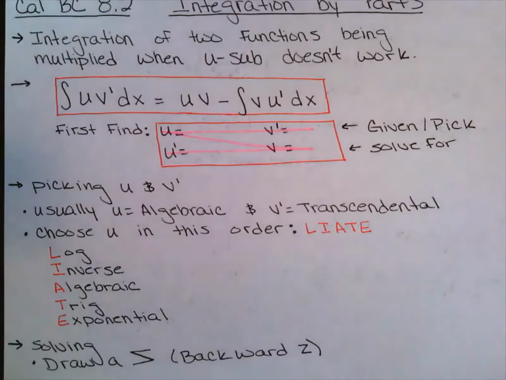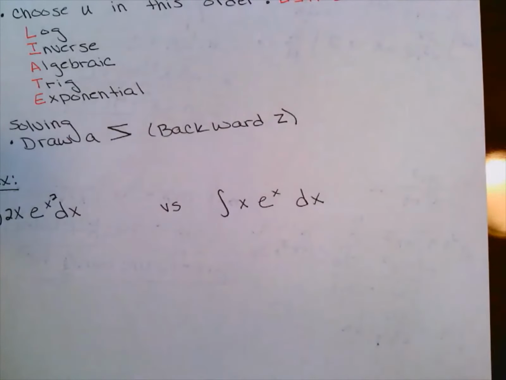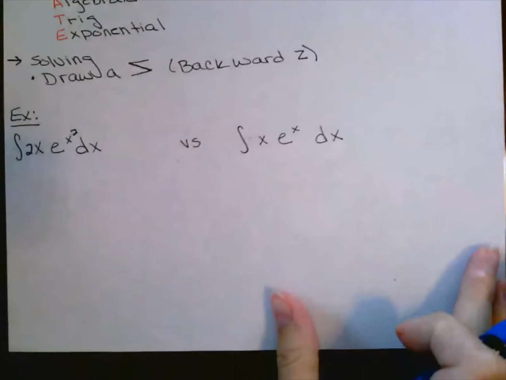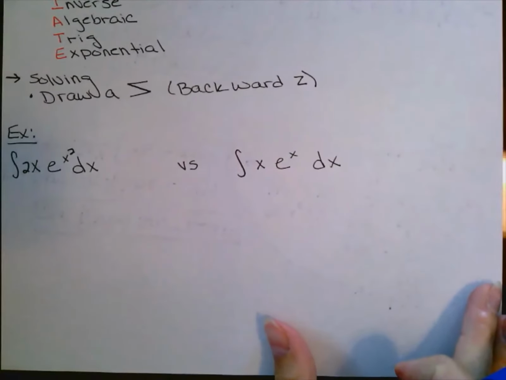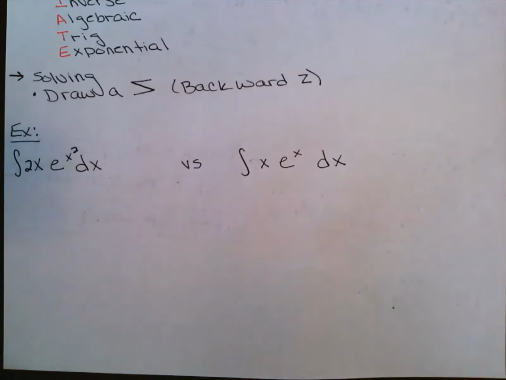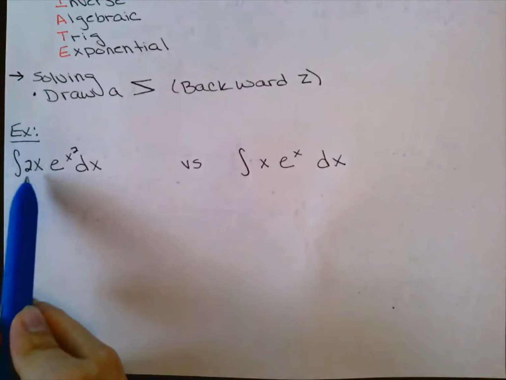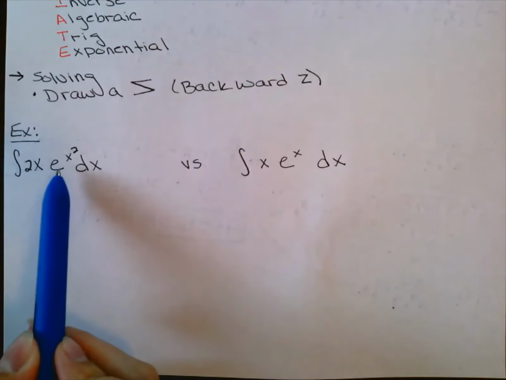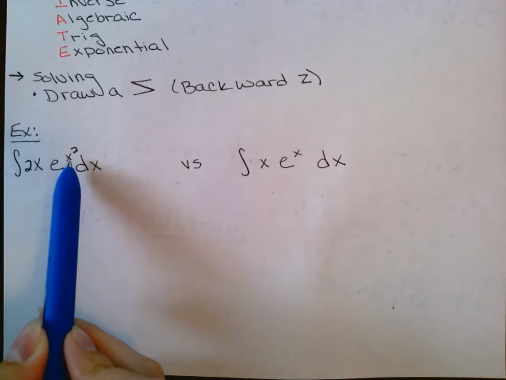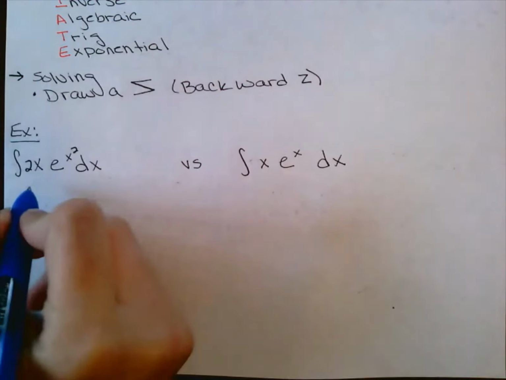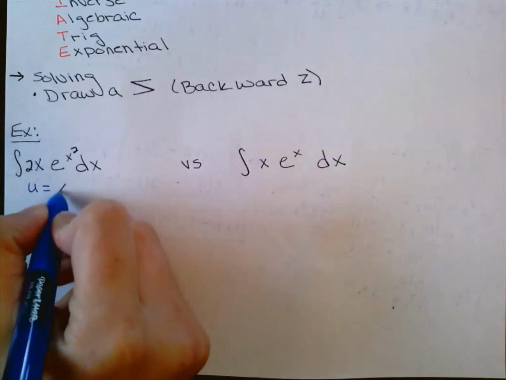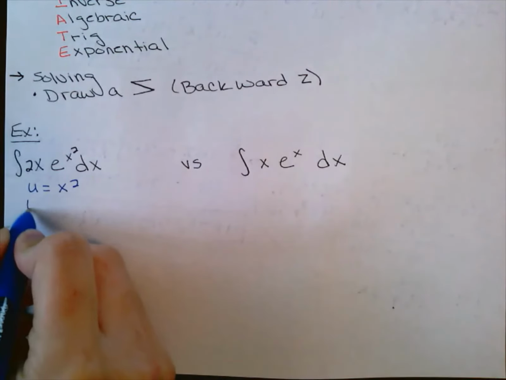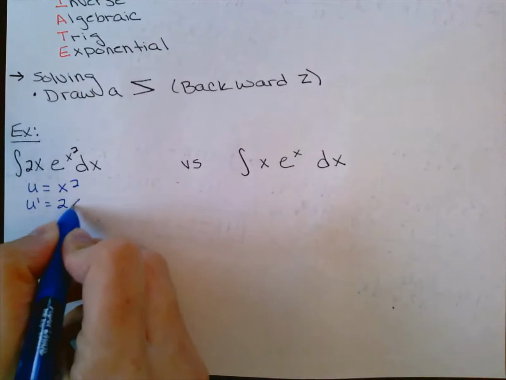The first example I want to show you is how we can quickly look like a U sub question. On the question on the left, I have 2x and e to the x squared. The exponent here is x squared. If I were to treat this as a U sub, my u would be x squared, which means my u prime would be 2x.